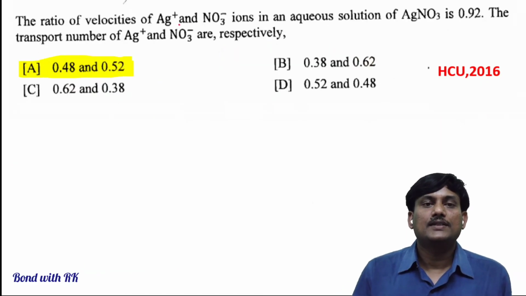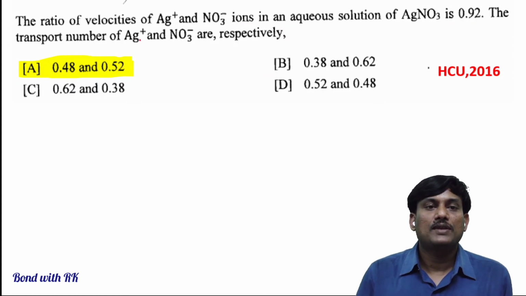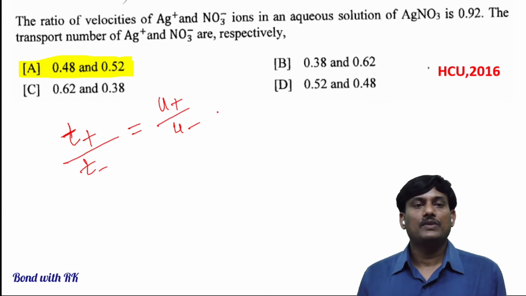The ratio of velocities of Ag+ and NO3- in aqueous solutions of AgNO3 is 0.92. The transport numbers of Ag+ and NO3- are? Okay, actually, according to Hittorf's rule, the ratio between the transport numbers of cation and anion is equal to the ratio of their mobilities.